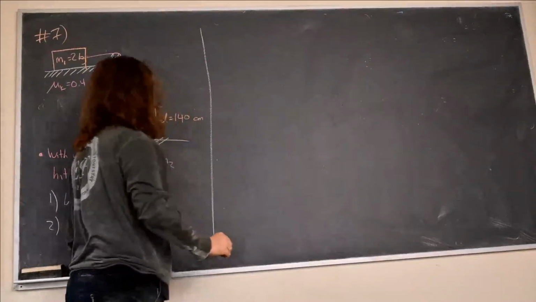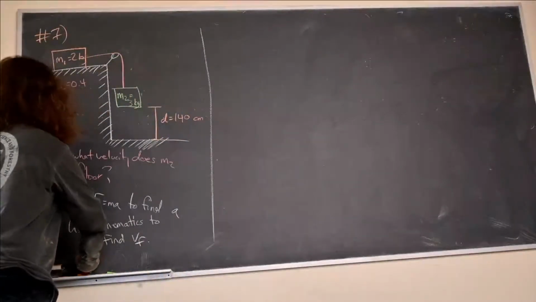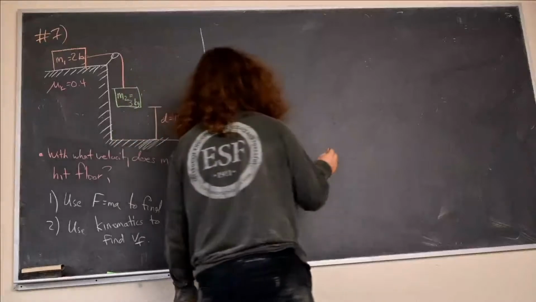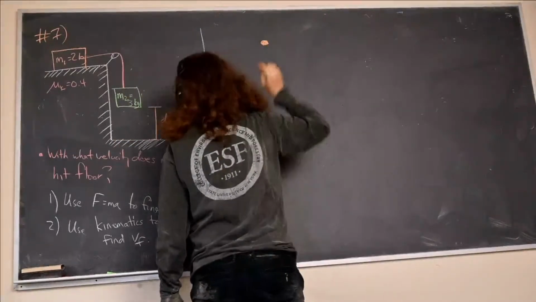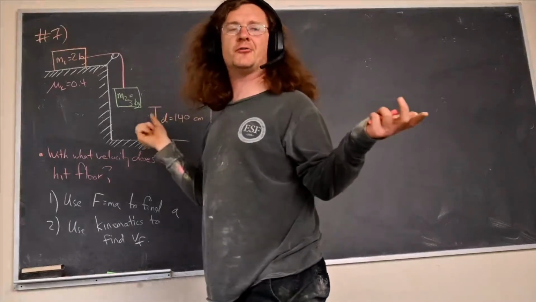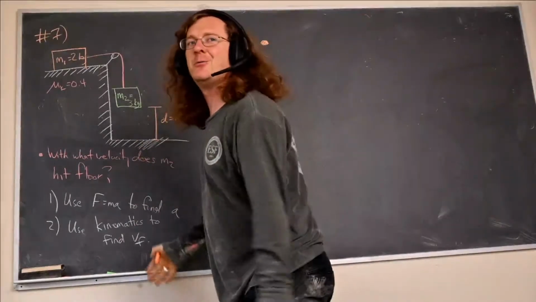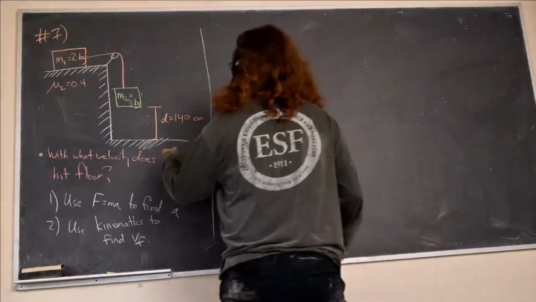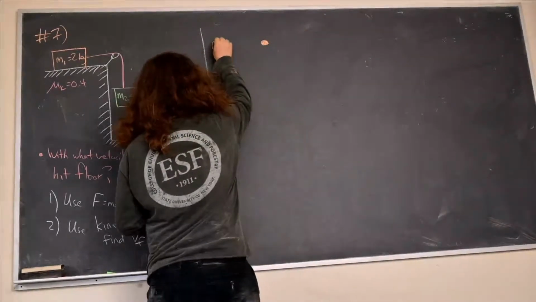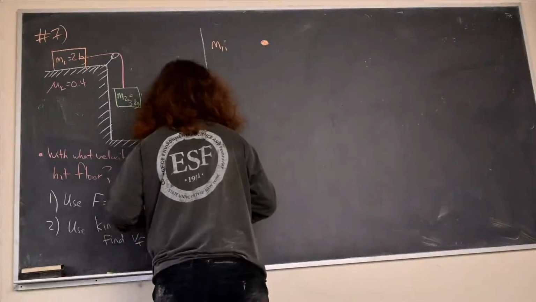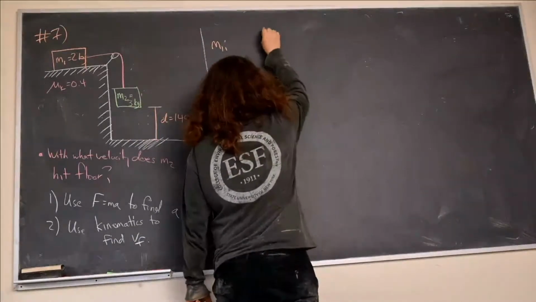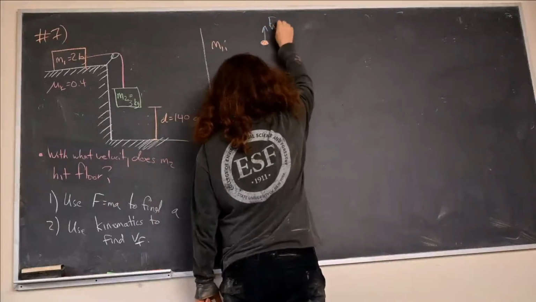To get there, we do the same stuff we've been doing. If it feels like you're doing the same problem all over again every time, it is. It's because nature only knows a few tricks, right? F equals ma works for everything. So for object M1, we've got a normal force going up.